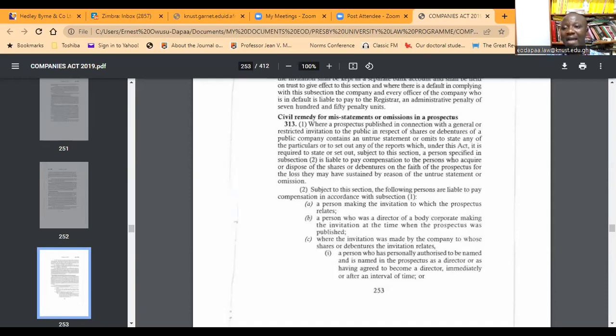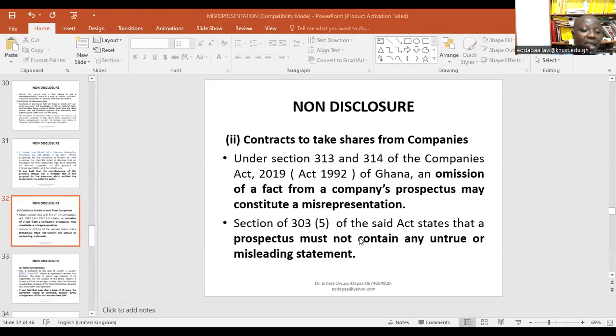So if you look at section 313 of the Companies Act 2019, Act 992, we are being told that if, for example, false information has been put in the prospectus, and on the basis of that, someone has purchased a share or debenture and he or she has suffered loss, he or she is entitled to claim compensation for whatever losses he has suffered for the investment made by relying on such false information.